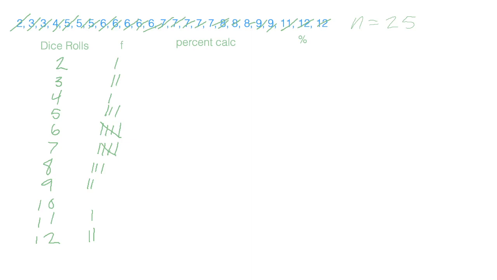Now we want to calculate for percent. So for our percent calculations, we have a little formula that we use to calculate percent. Let me go ahead and get it over here for us. So percent is equal to a frequency, okay? So F all over our N, okay? N we have right here, times 100.